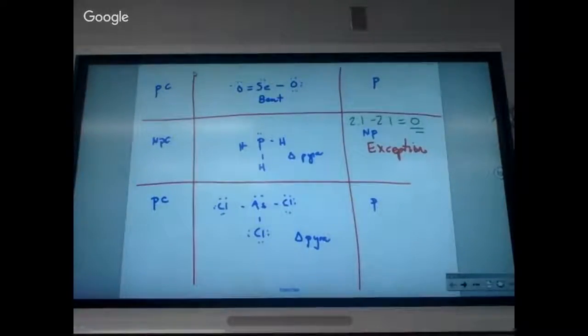I know that's an itty bitty little rule, but in order to be polar, you got to have at least a 0.1. You can't be a 0.